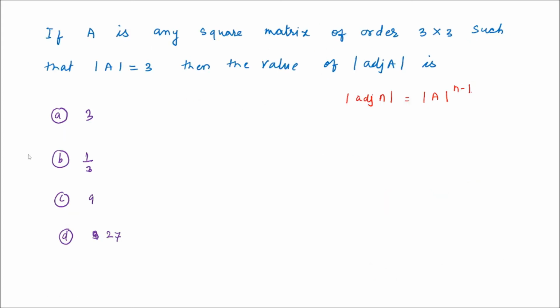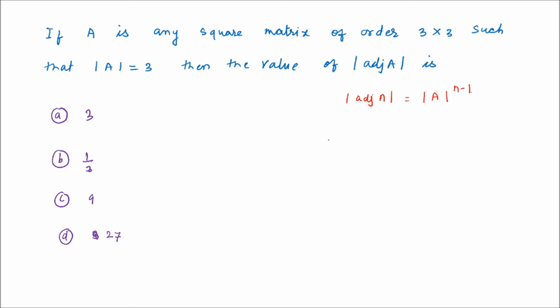So let us understand one more important question here. If A is any square matrix of order 3 by 3, such that determinant of A is equal to 3, then find the value of determinant of adjoint of A. So dear students, we know that determinant of adjoint of A is equal to determinant of A raised to n minus 1.